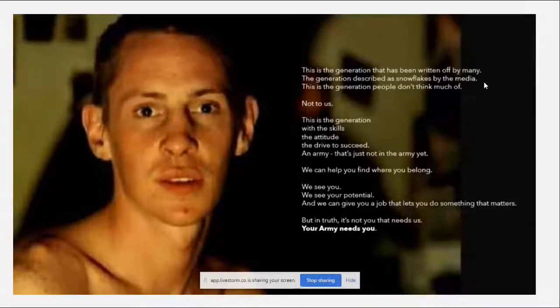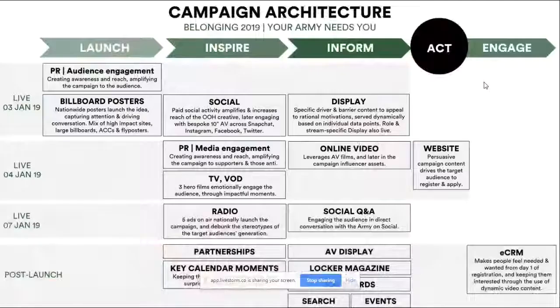So this is our campaign architecture and how we set about planning the campaign. And along the top there, you'll see what I suspect Adam will talk about a bit in a moment in his presentation, which is the marketing funnel there. So we start off with launch, and as I said, we try to do a little bit of PR there and try to get some additional reach.